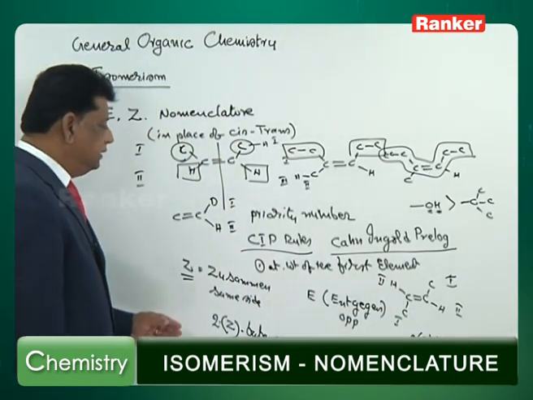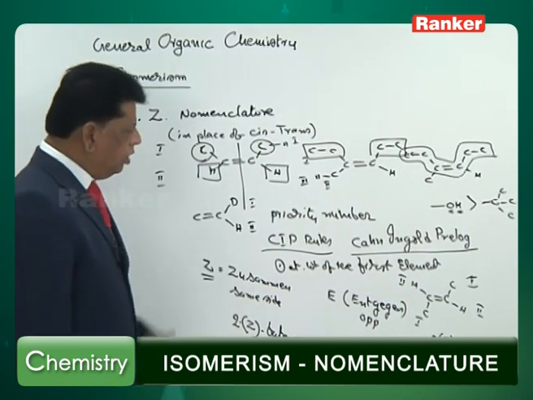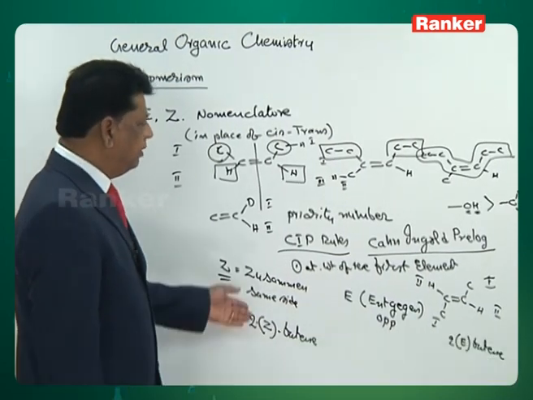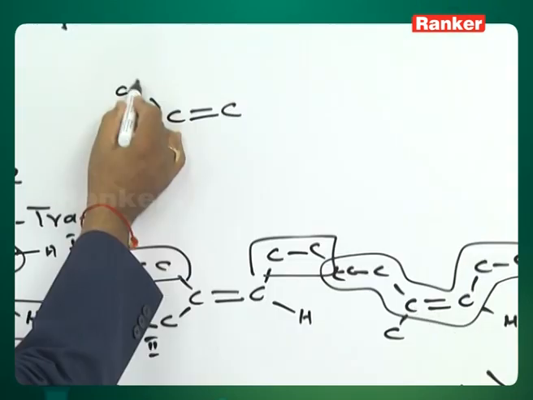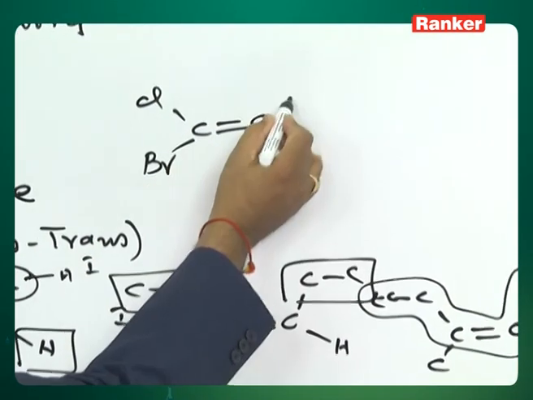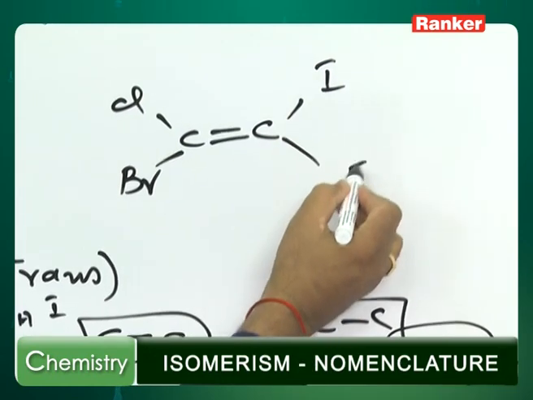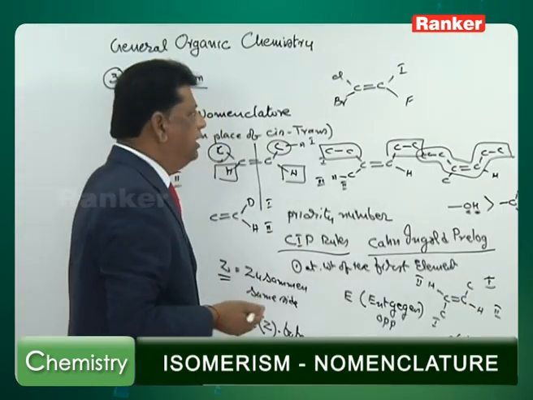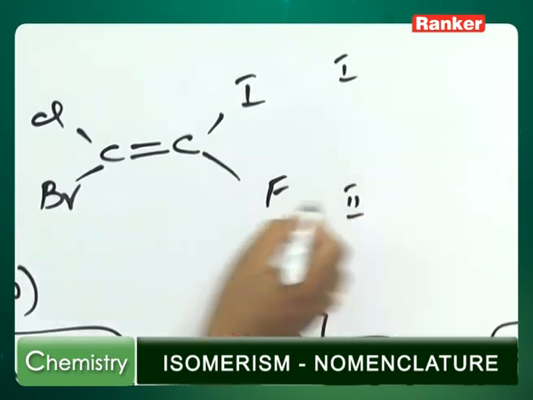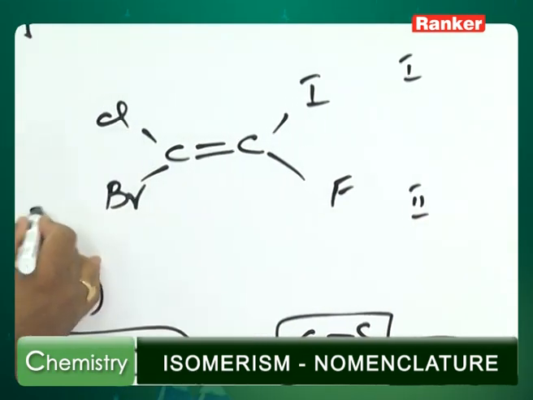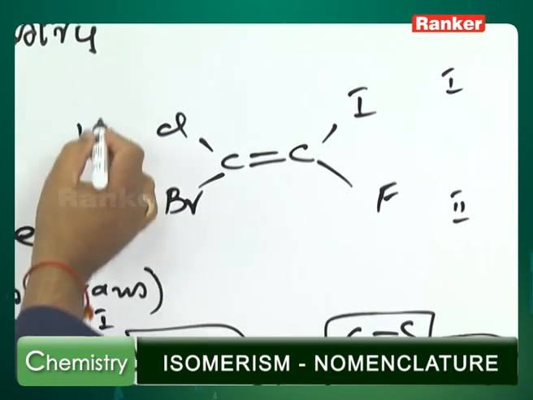So with this E and Z, all the alkenes can be named without any problem. As I said, we have seen a compound having chlorine, bromine, iodine, fluorine. Without any difficulty, out of these 2 groups, this is number 1, this is number 2 preference. The bromine is number 1, chlorine is number 2.